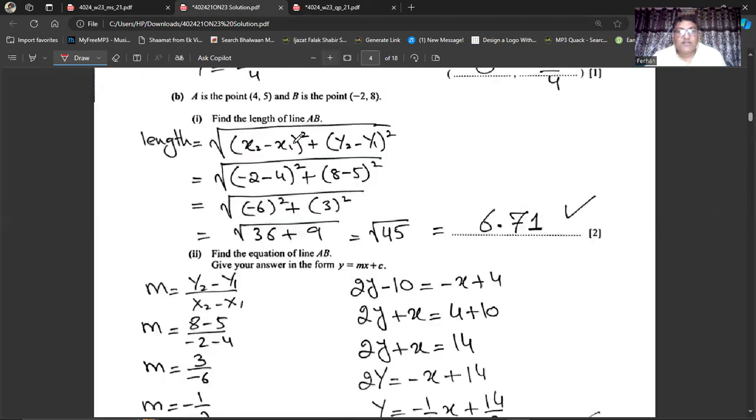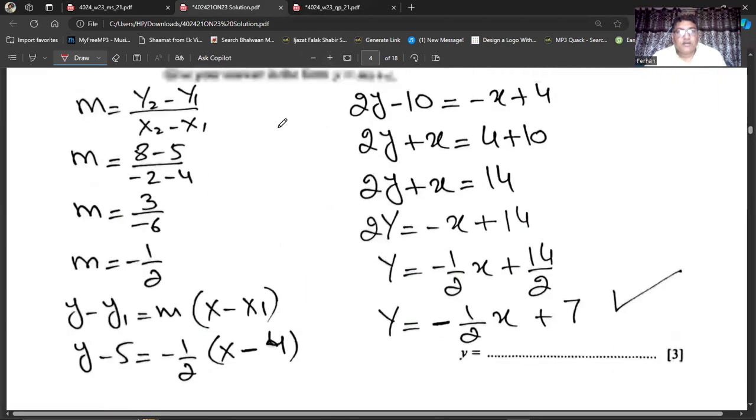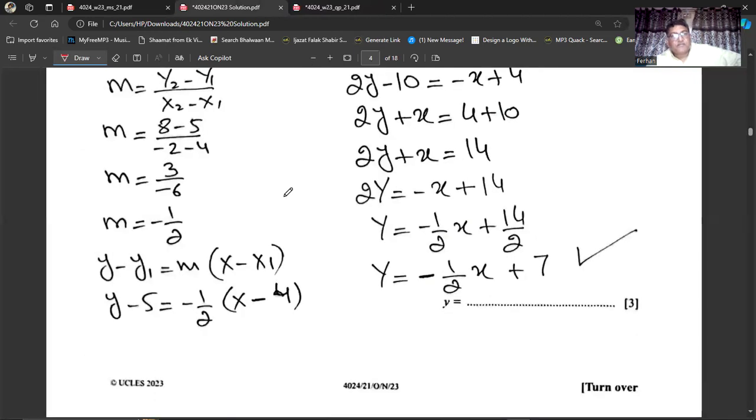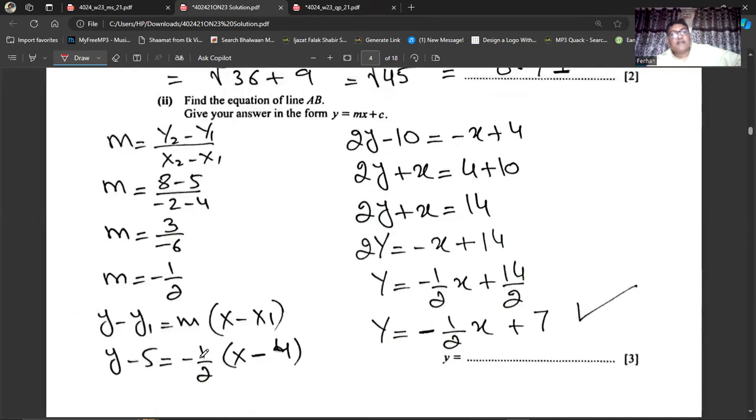Okay, so let me show you. Now I'm going to put that. So y minus 5 is equal to minus 1 by 2 bracket x minus 4. So this 2 will go there, and this minus 1 will go inside. So you will have 2y minus 10 equals minus x plus 4. So 2y plus x is equal to 4 plus 10, so 2y plus x equals 14. Take this x to the other side.